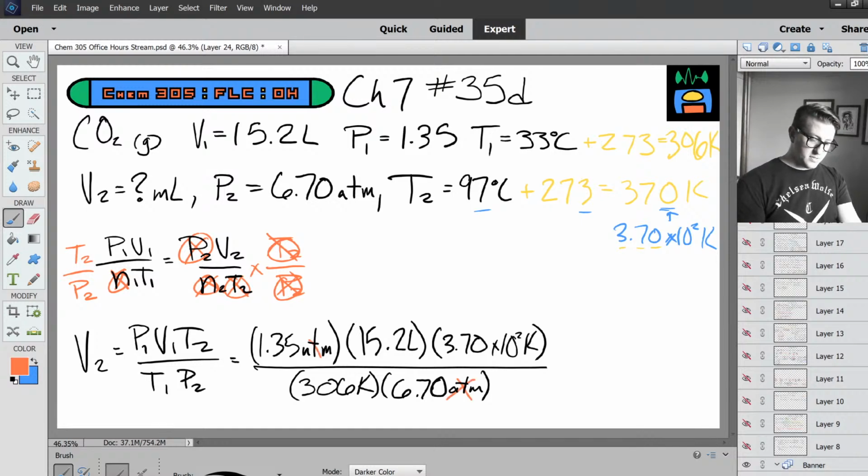And ATM cancels, Kelvin cancels. We're left with liters, which is a volume unit.